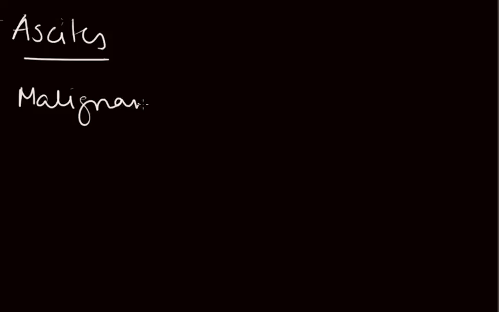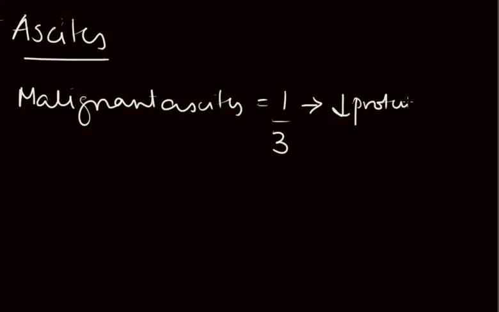For example, if someone has malignant ascites, about one third, 30% of people with malignant ascites will have a low protein ascitic fluid, which is exactly the opposite of what you see in a pleural effusion.